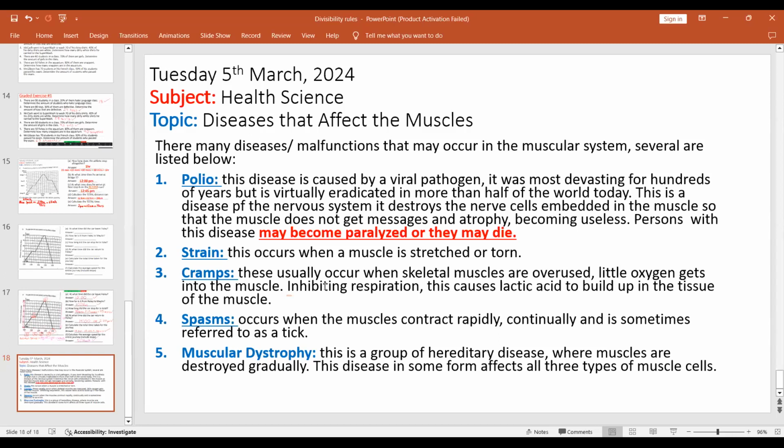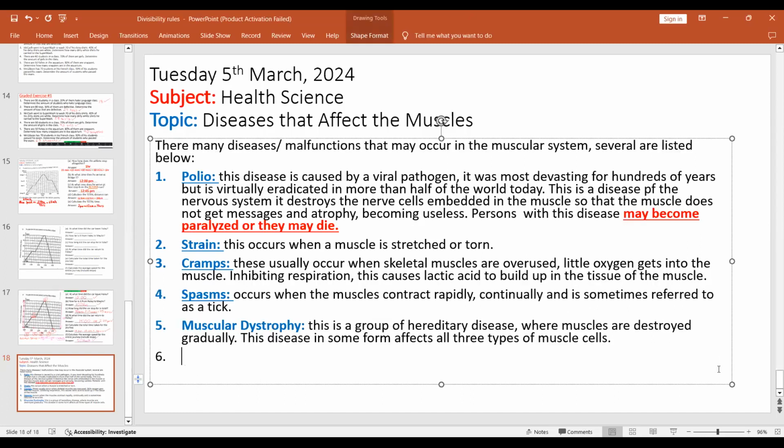In which type of muscular condition do we have the muscles contracting rapidly? Spasms, very good. And in which type of muscular condition do we have the muscle being stretched or torn? Strain. Strain, very good.